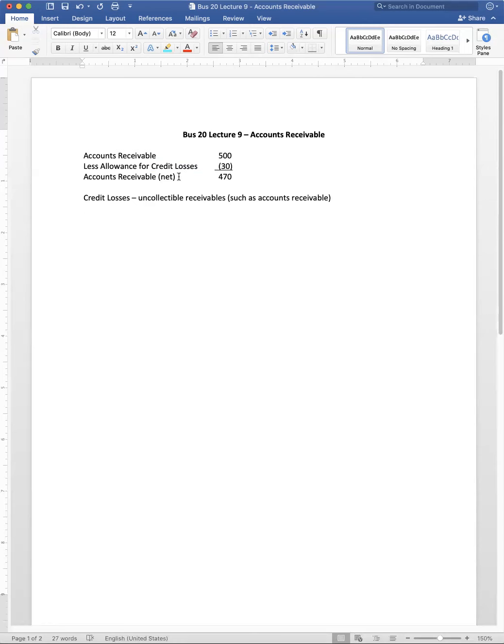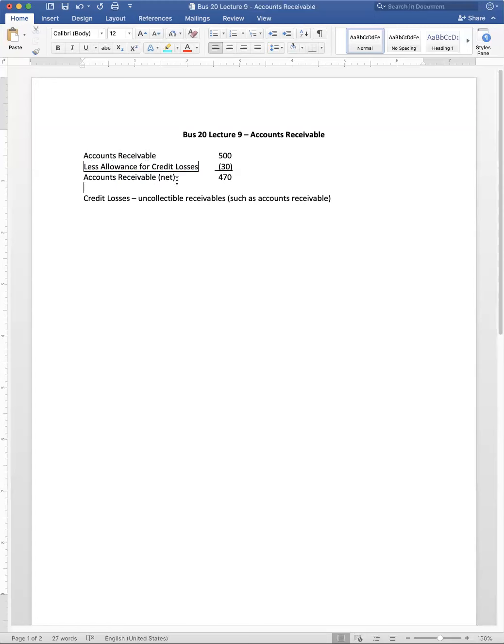All right, and then down here at the bottom, we have accounts receivable net. And you remember we used that word net before, right? It means after something has been subtracted. So we're going to subtract the allowance from the accounts receivable. All right, where did we see this kind of setup before? Where we had the accounts receivable or something, and then we subtracted something, and then we got a net.